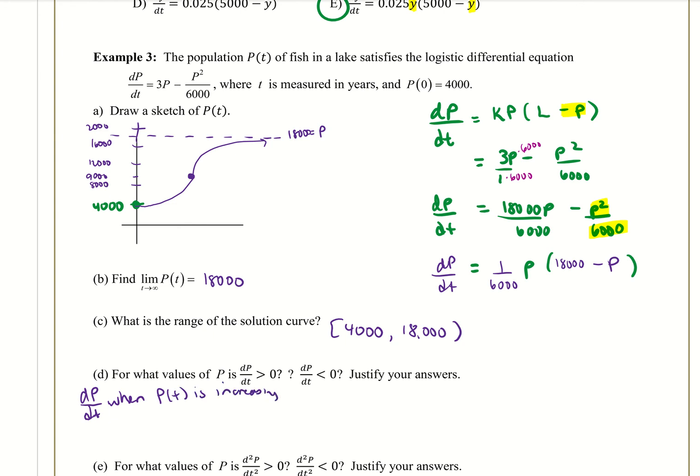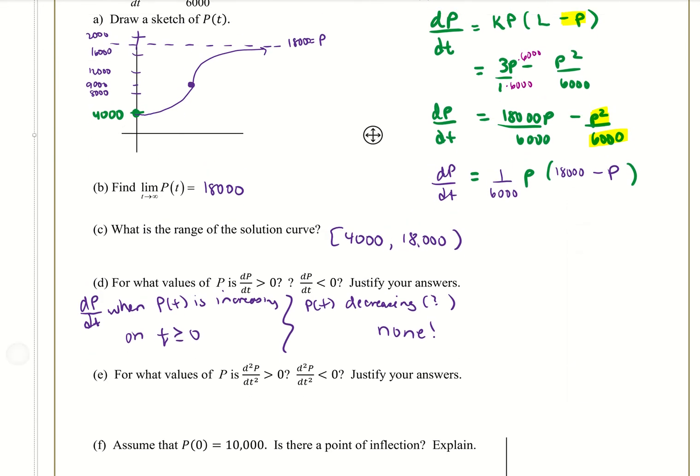Remember, we're not going to have negative values of time. So that's going to happen whenever t is greater than or equal to 0. How about when dp dt is less than 0? Well, that would only happen when p of t is decreasing, which never happens. So this will not happen.